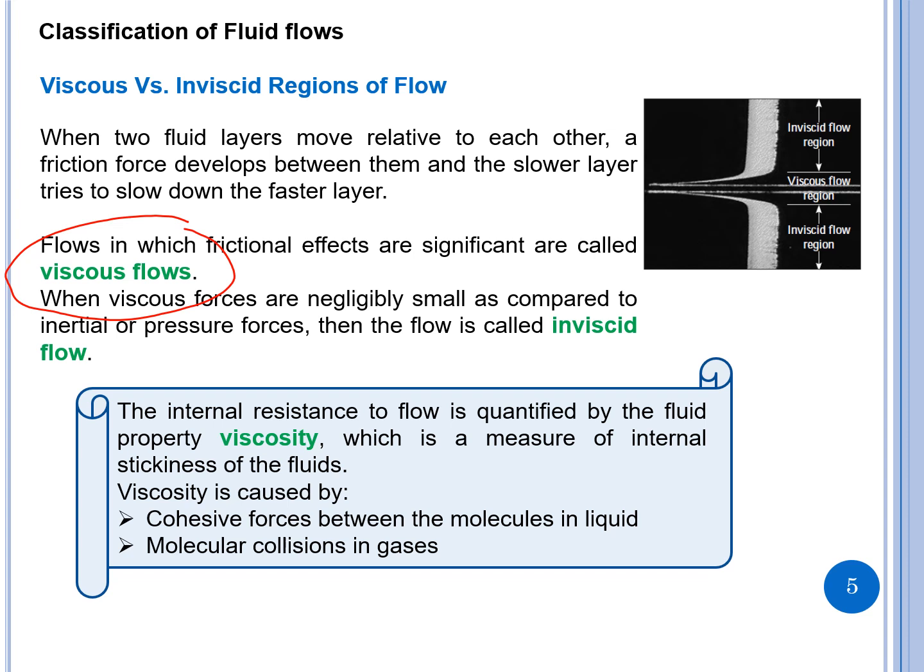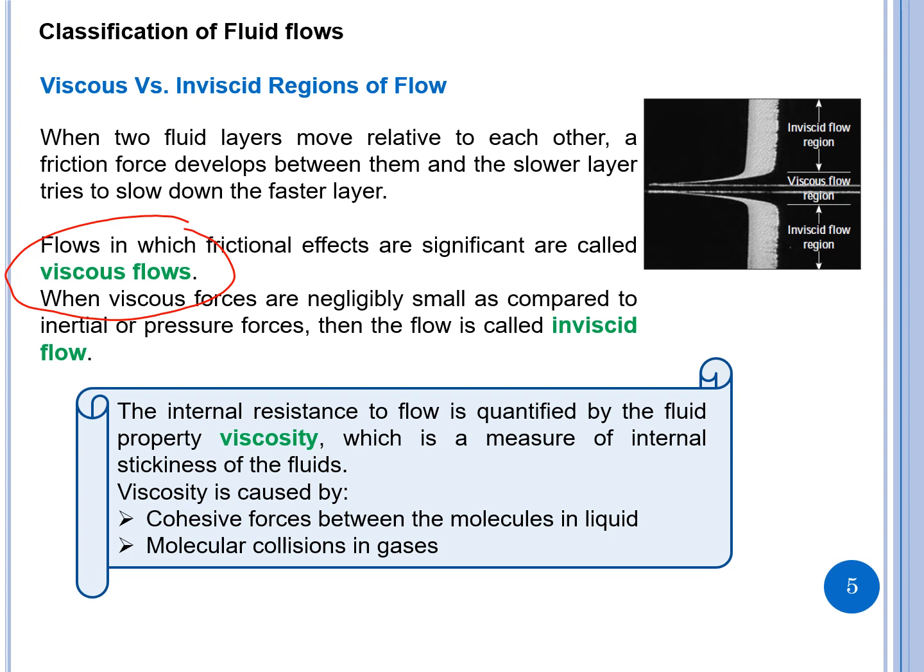As the fluid moves away from the solid surface, the velocity basically increases, as we have discussed in the no slip condition, that at the interface velocity is going to be 0, then the velocity will gradually increase.